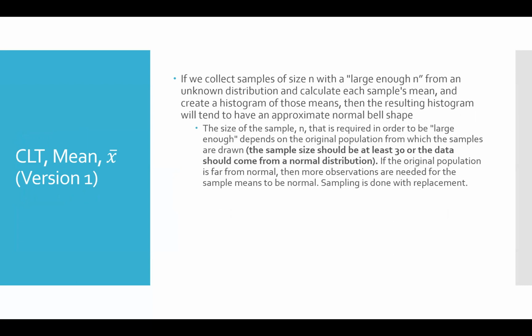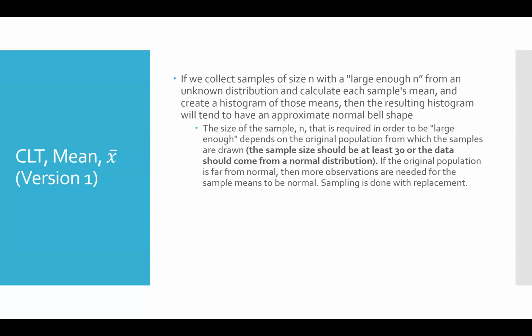And it says, if we collect samples of size n, with, again, a large enough n, from an unknown distribution and calculate each sample's mean and create a histogram of those means, then the resulting histogram will tend to have an approximate normal bell shape. I'm going to show this to you in just a minute. Now, again, there's a debate about the size of the sample n that's required to be, quote, large enough.